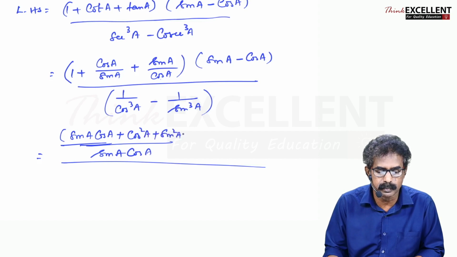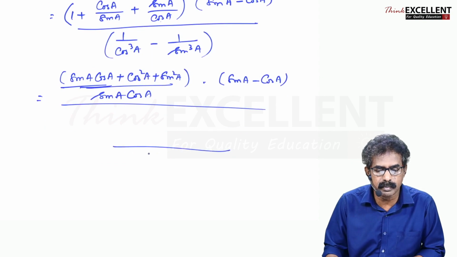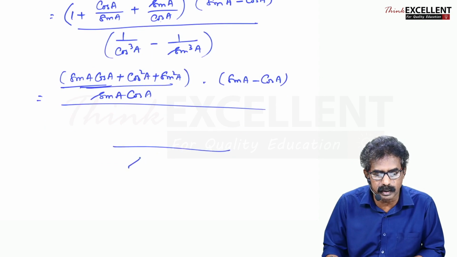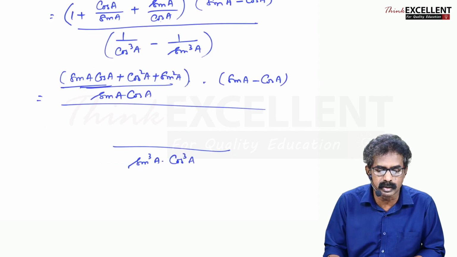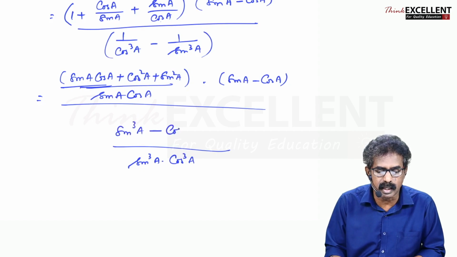Sin square A, into sin A minus cos A. Denominator also you take LCM. What is the LCM? Sin cube A into cos cube A. So you will get sin cube A minus cos cube A.